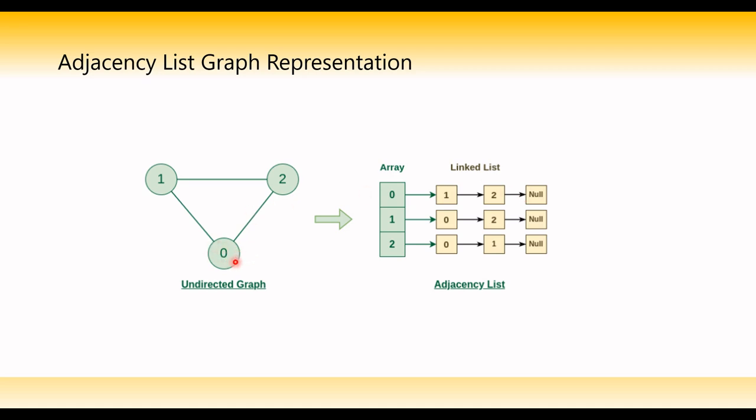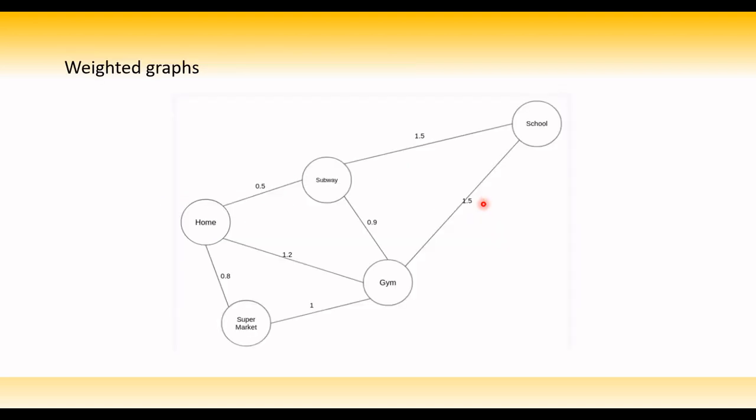So in this case, if you consider 0, then 0 is connected to 1 as well as 2. So the list will have both the nodes present. Then similarly 1 is connected to 2 and 0, so 0, 2 and null, and then similarly for vertex 2. So this is how we store the graph in the form of an adjacency list, and it will be beneficial when we try to use some algorithms on it.